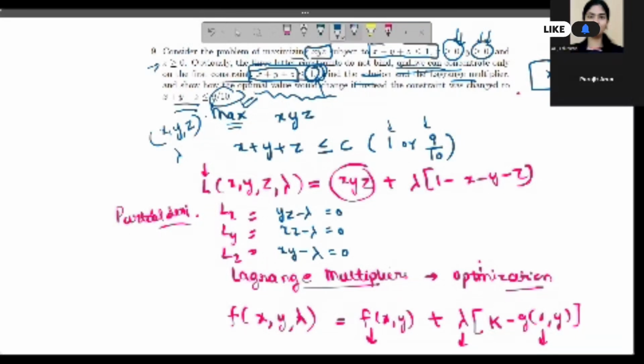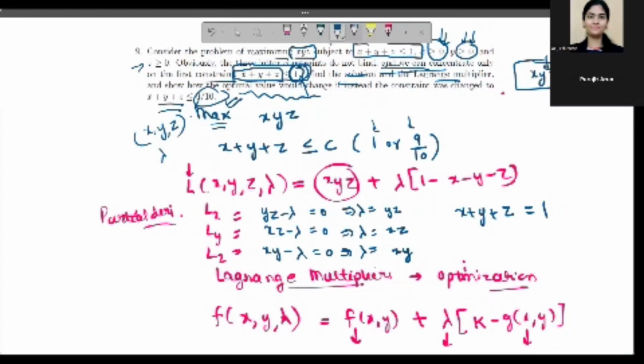Did you get these values? Yes, ma'am. So I'll solve for lambda, which becomes 1 minus x minus y minus z. Now, how will you find the solution?